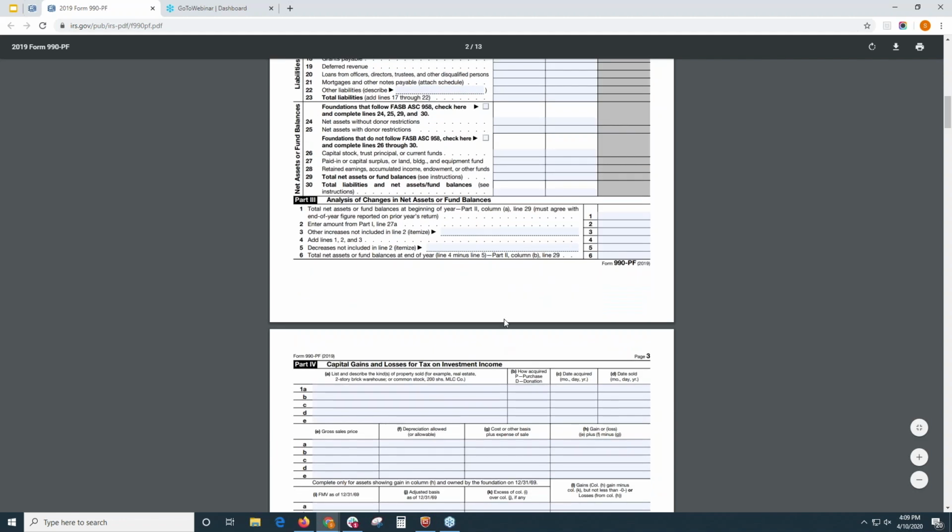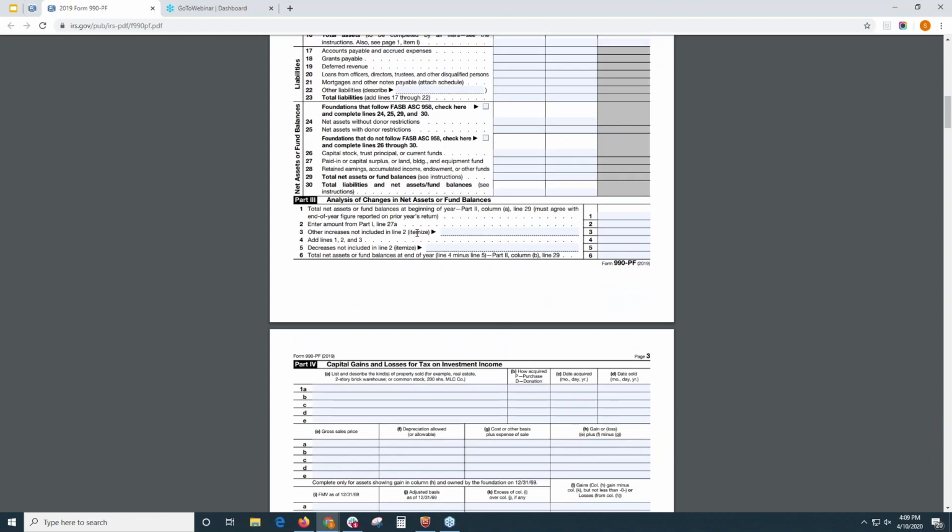In Part 3, you'll report the analysis of changes in net assets and fund balances. Line 1 reports the total net assets or fund balances at the beginning of the year. Line 2 is used to report the amount that is on Part 1, line 27a.